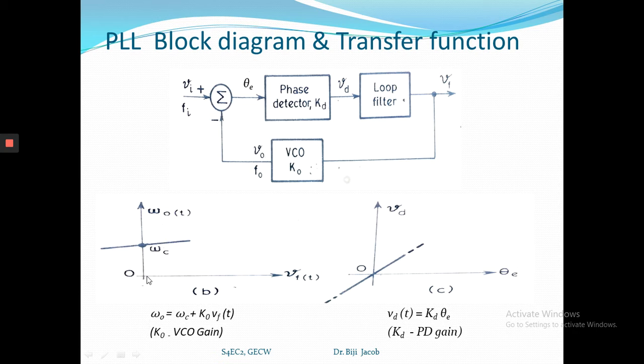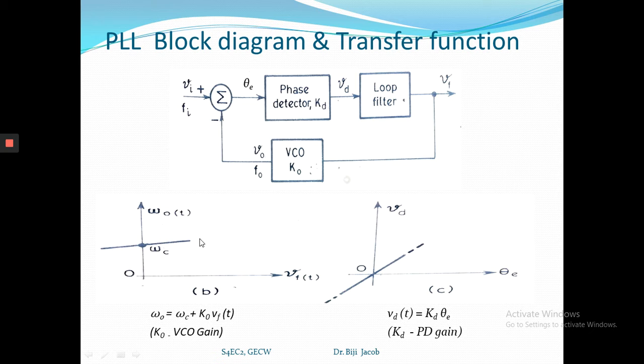If the feedback signal corresponding to the difference voltage is 0, then the VCO will operate at its frequency omega c. As the phase shift increases, the feedback signal will increase.